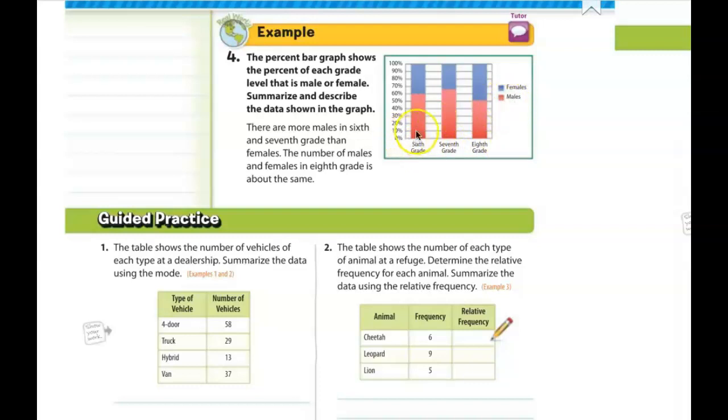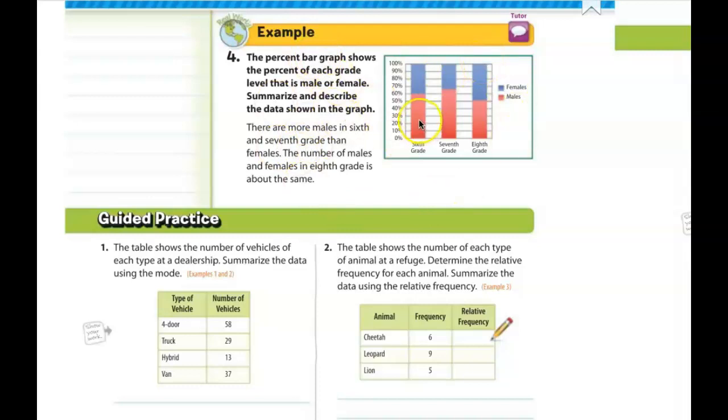The red part are the number of male students, and the blue part are the number of female students. In 6th grade, 60% of the students are male, 40%, because 100 minus 60 is 40, are female. In 7th grade, 65% are male, and so 35% are female. And in 8th grade, 50% are male and 50% are female.